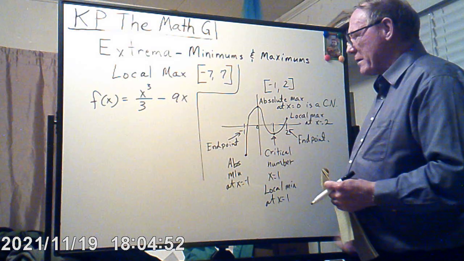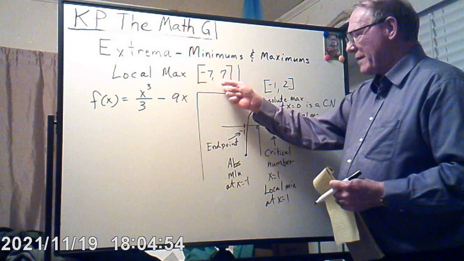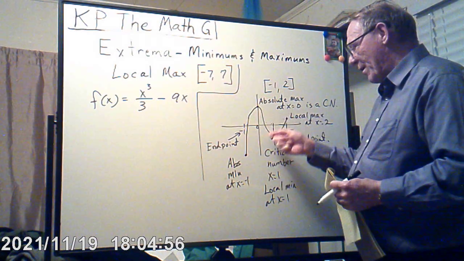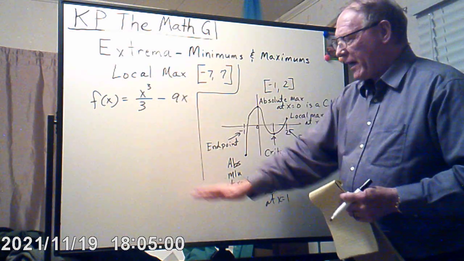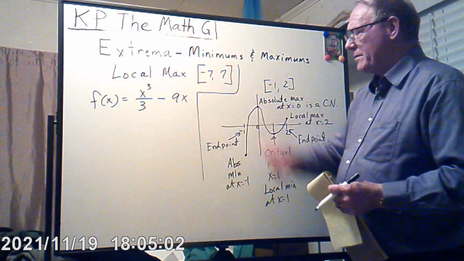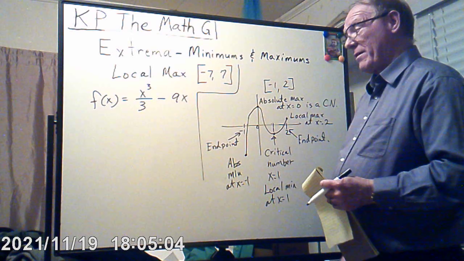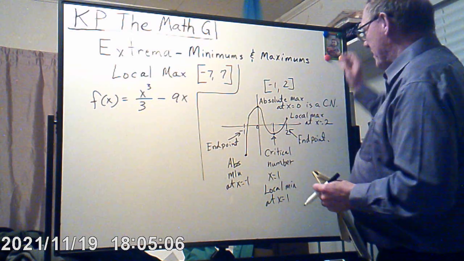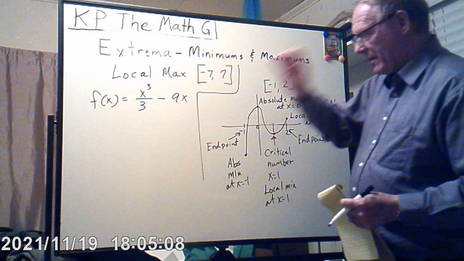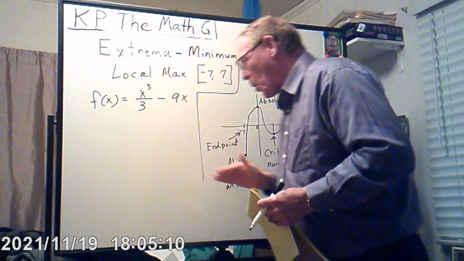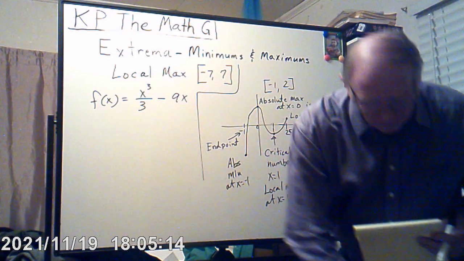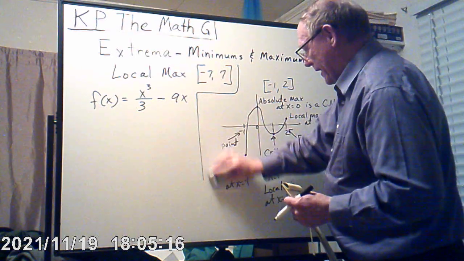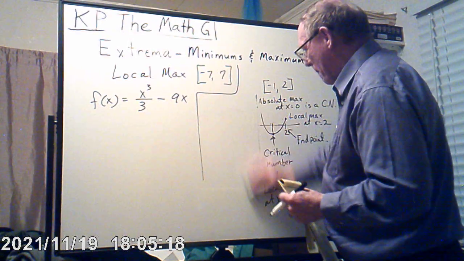Okay, so we just have to remember to check, in this case, all four, and that's what we're going to probably have over here, because we're already looking at two numbers right here, -7 and 7. We have to look at that. Okay, so we're actually looking for a local max. Okay, and we're going to have to check all of them to see where the local max is.